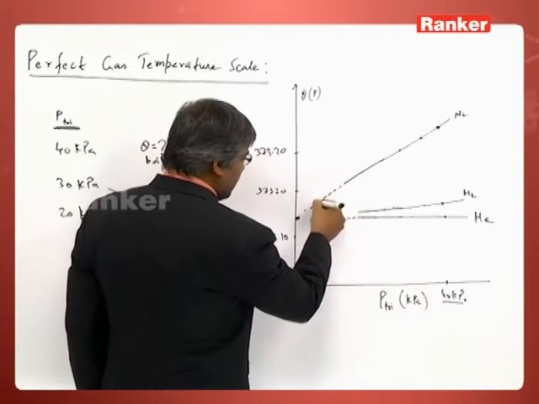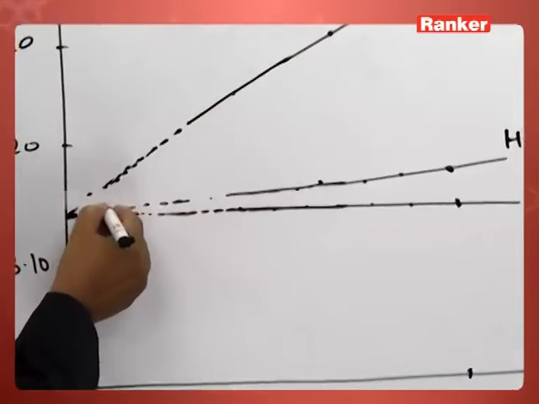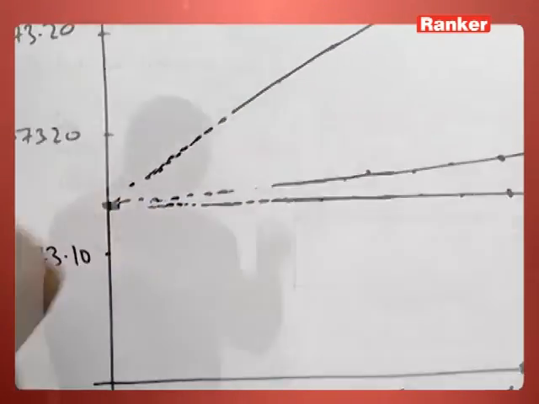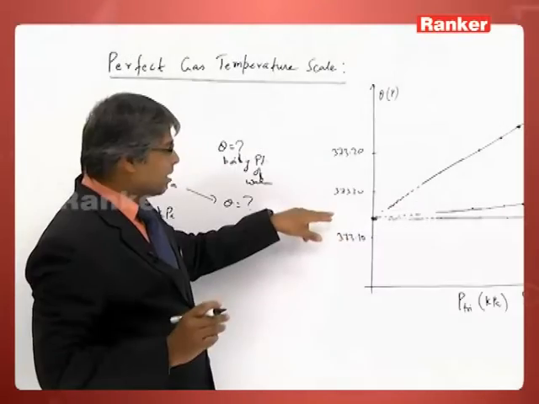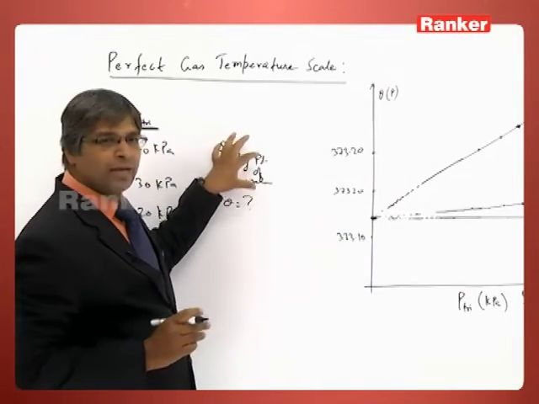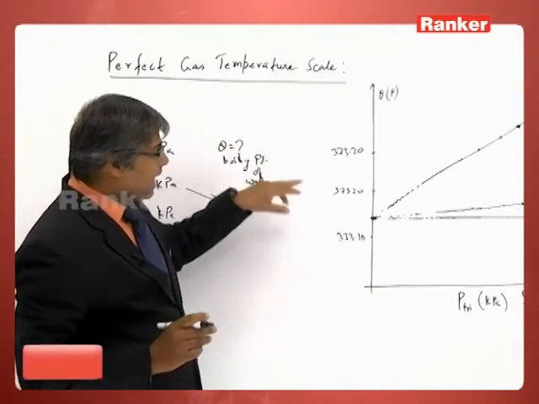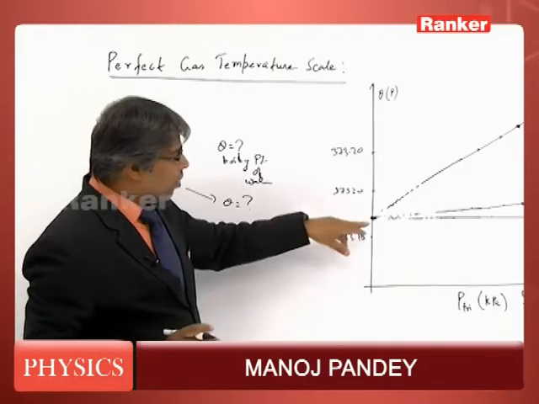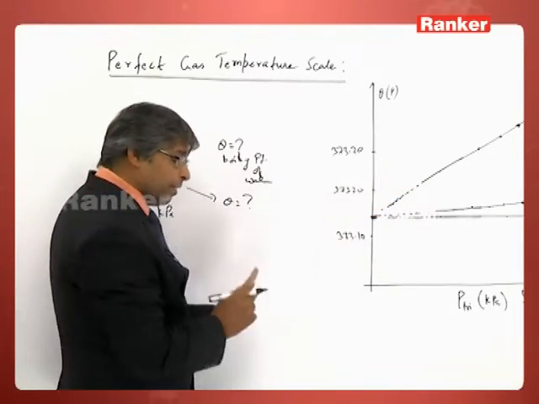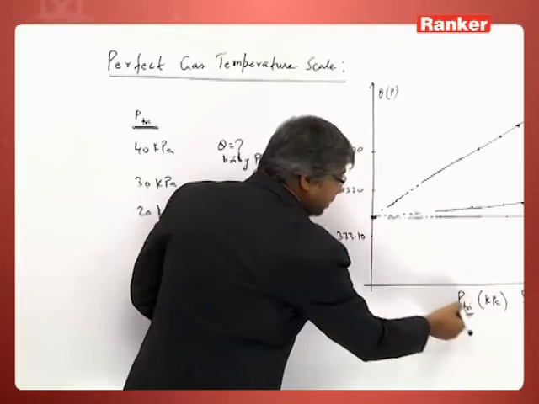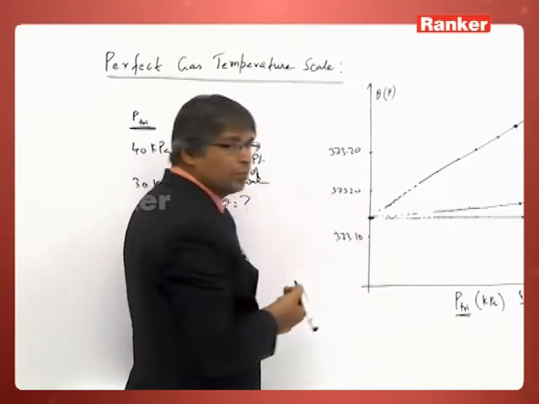If I extrapolate these graphs, all of them meet at a particular point. That means for a particular temperature, if I say the boiling point of water, all the gases will give the same reading, provided I take my triple point pressure to be very small.